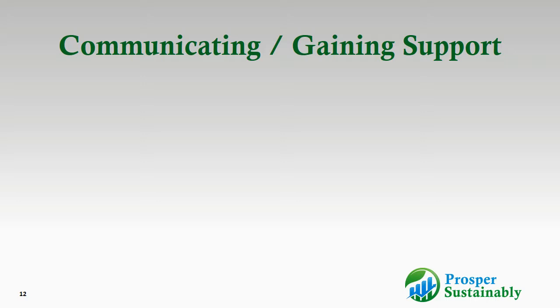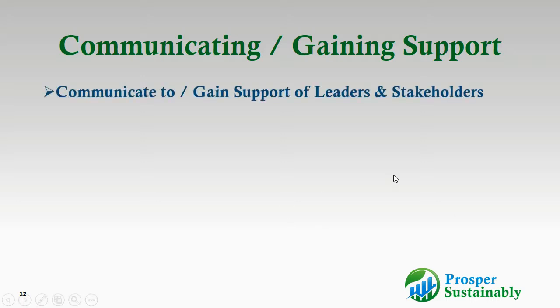All right, so another very useful function of your ETEP strategic work plan is communicating and gaining support. You want to use this plan to communicate with leaders and stakeholders and hopefully gain their buy-in for projects and activities. You may need their involvement, you may need information, you may need funding.